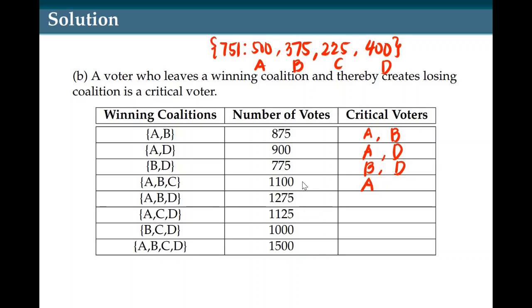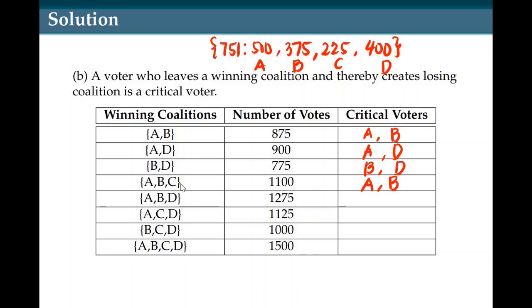How about voter B? 1,100 minus 375 gives 725, and that is less than the quota. So voter B is also a critical voter.